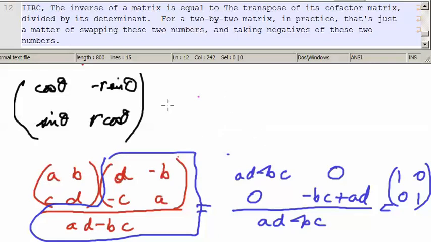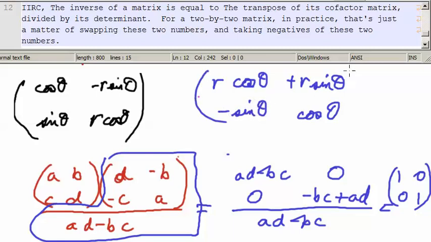So I'm going to do the same thing with this matrix, which will be swapping these two values. So I'll have r cosine theta and cosine theta, and then taking the negatives of these, positive r sine theta and negative sine theta.